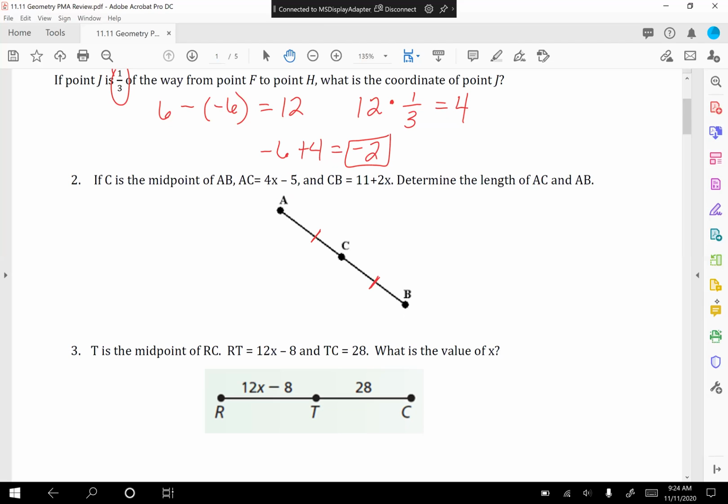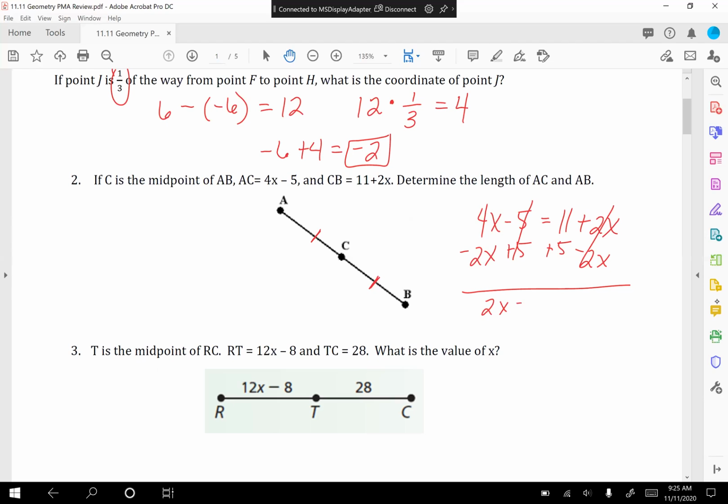So if AC is 4x minus 5 and CB is 11 plus 2x, since those are the two pieces, they're equal to each other. Then you just solve that for x. Again, bring your small one to your big one, so minus 2x. And then add 5 while you're at it, so you can get this constant to the other side.